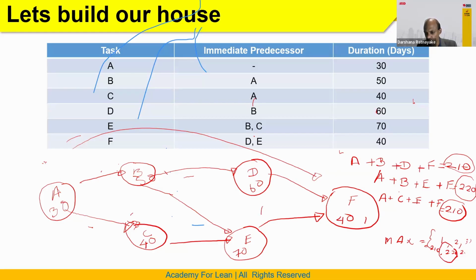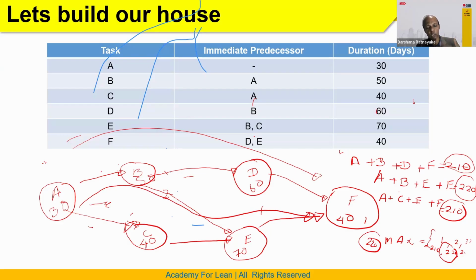So we need a minimum of 220 days to complete this project. Before that, we cannot complete it. That is called the critical path. That means we need to consider A, B, E, F, the path that takes more time.